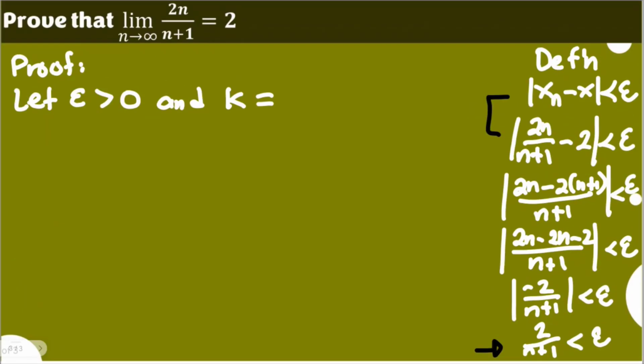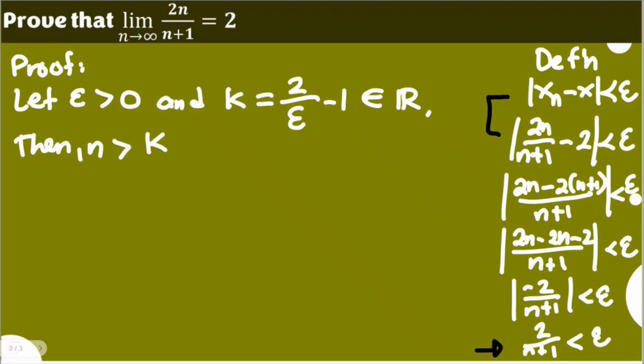So you will have k equal to 2 over epsilon minus 1, an element of the set of real numbers. Of course, we cannot guarantee that k is a natural number, but since the definition requires it to be a natural number, we'll have n only greater than k, because it would not be equal to k, as k is strictly a natural number.